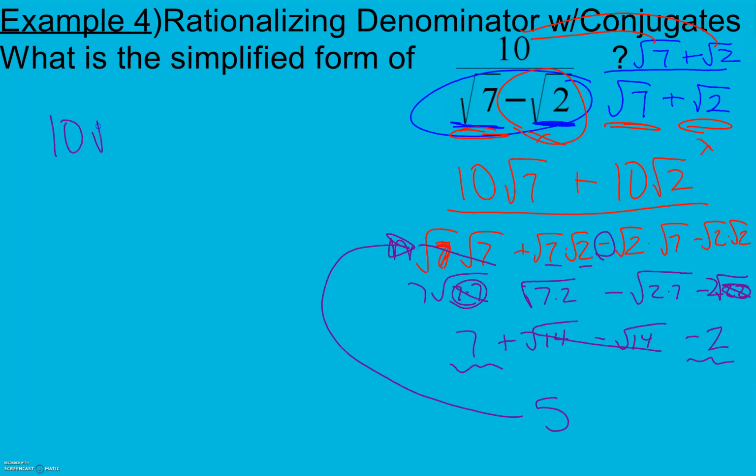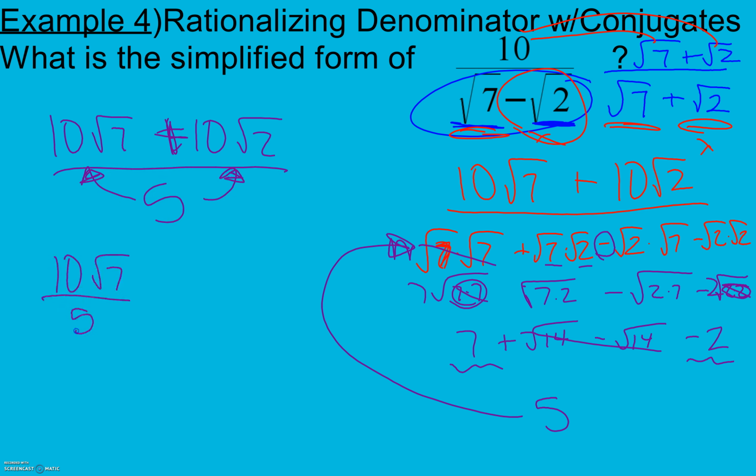So I have 10 square root of 7 plus 10 square root of 2 over 5. And I'm going to get rid of my division by distributing it. So I'm going to have 10 square root of 7 divided by 5 plus 10 square root of 2 divided by 5. 10 divided by 5 is 2 square roots of 7.